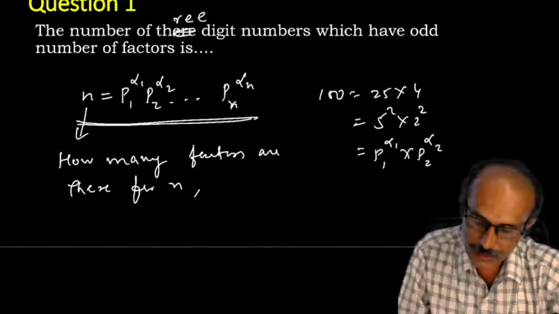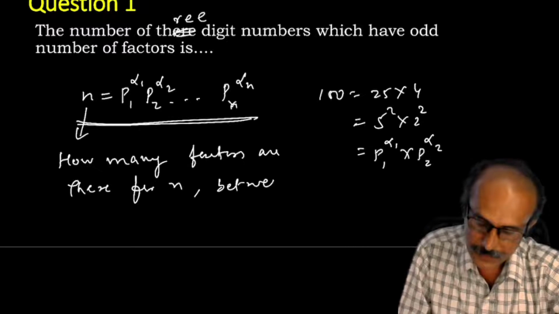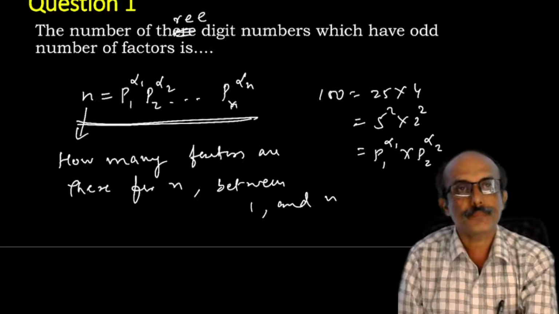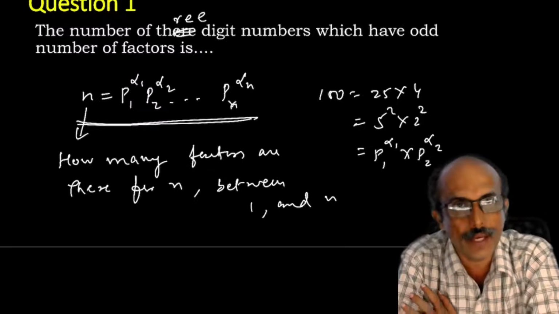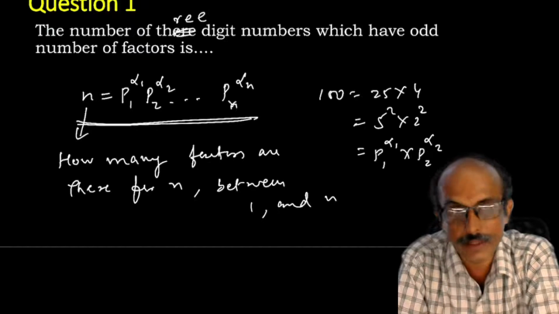Let's say positive factors, between 1 and n. So we are interested in the positive factors of n, including 1 and n.